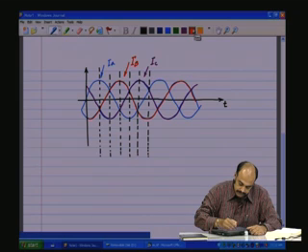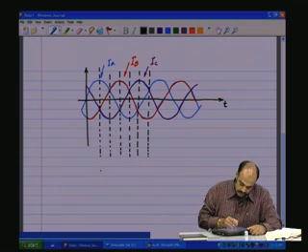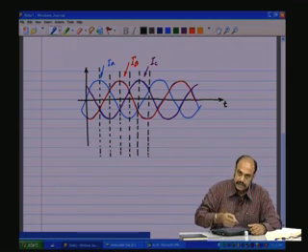how does the resultant vector look like? Now there is going to be a flux along the A phase axis at every instant of time, B phase axis, C phase axis.